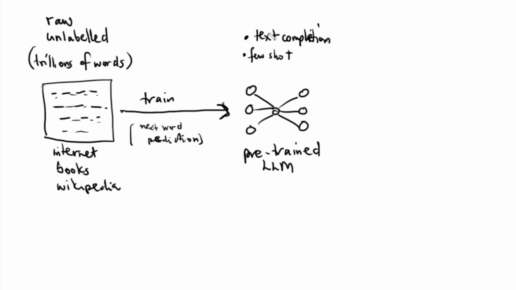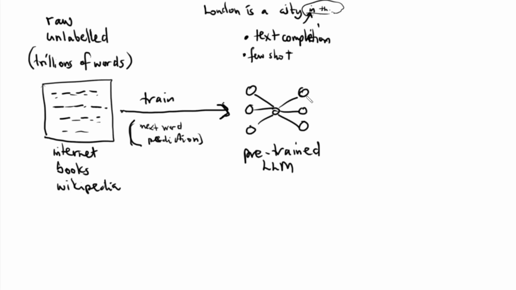Of course, it can do text completion because it has been trained on next word prediction. So if you kick it off with "London is a city", it will probably complete it with "in the United Kingdom" or whatever it is, because it is predicting the next word. It has been trained to do that.